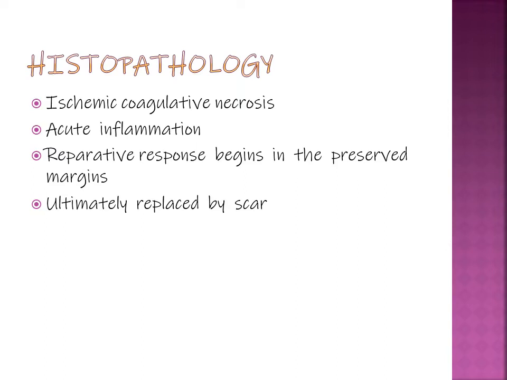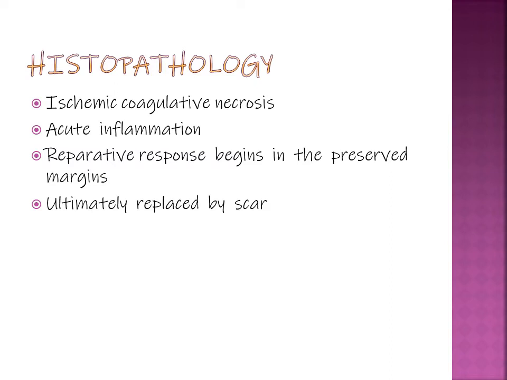Fresh infarcts are usually poorly defined. They are not well demarcated from the surrounding area. However, with the passage of time, after a few days, the infarct becomes well defined with a small rim of congested tissue, and that small rim of congested tissue is mainly due to the inflammatory process that is going on actively.